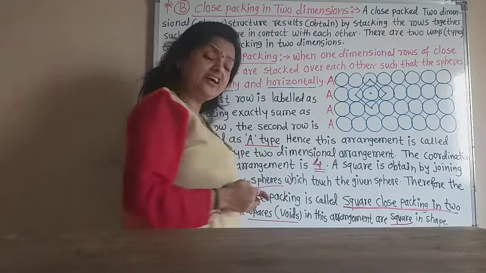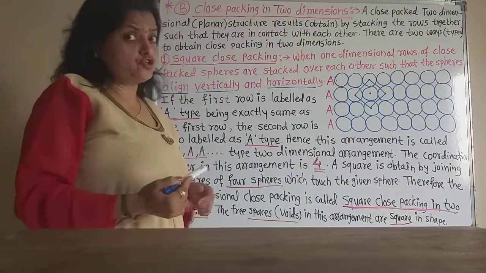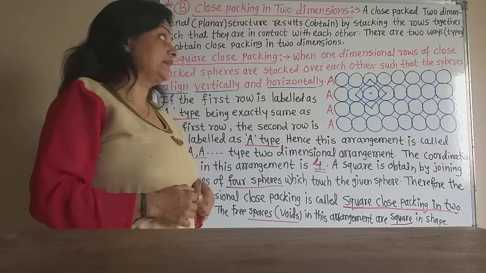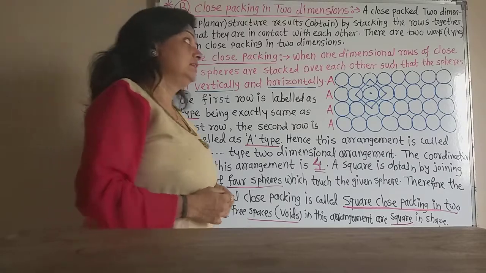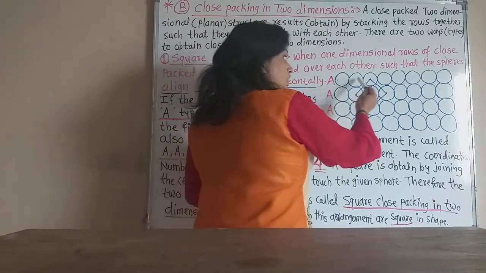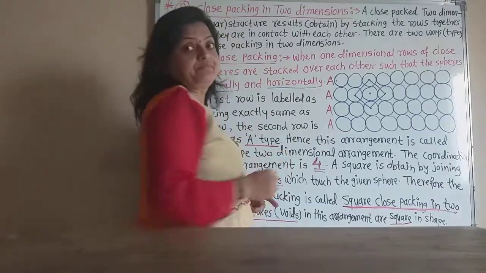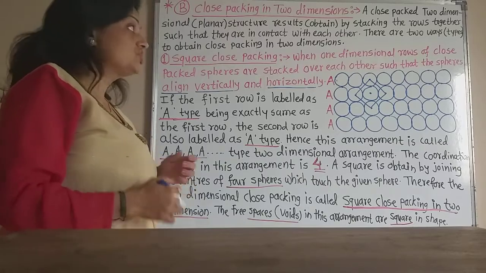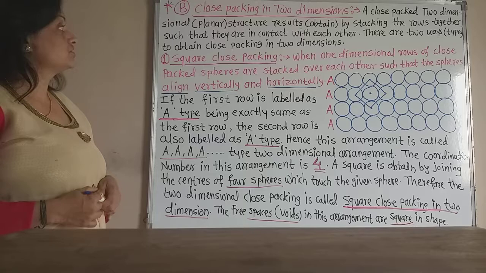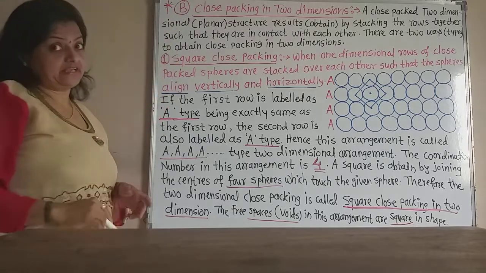They are stacked over each other such that the spheres are aligned horizontally and vertically. Then such type of close packing is called the square close packing.